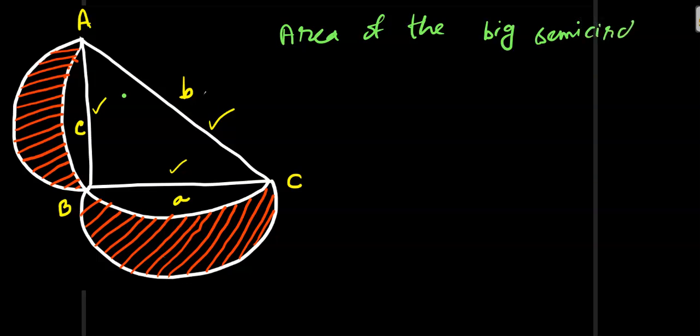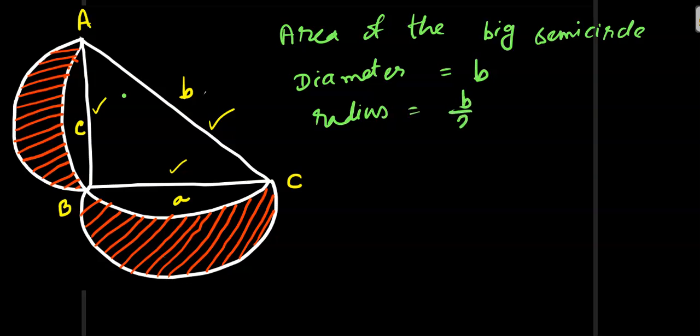Now find the area of the big semicircle. The diameter of this semicircle is equal to B. Therefore, the radius of this semicircle is equal to B by 2.